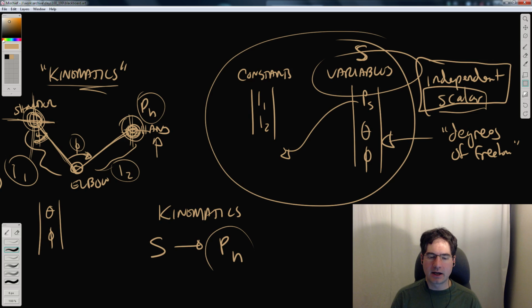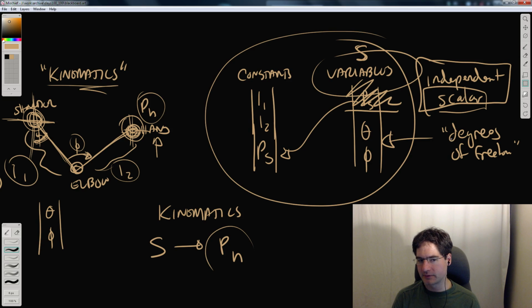Right? And so in this case, it's kind of a little bit complicated. If I were to move this guy over here so that we have the constants L1, L2, and the position of the shoulder, then this is a very straightforward system. It's very easy to understand. The reason I say that is because we have two variables here, and those two variables, as I move them, allow this arm to move around in space, right?